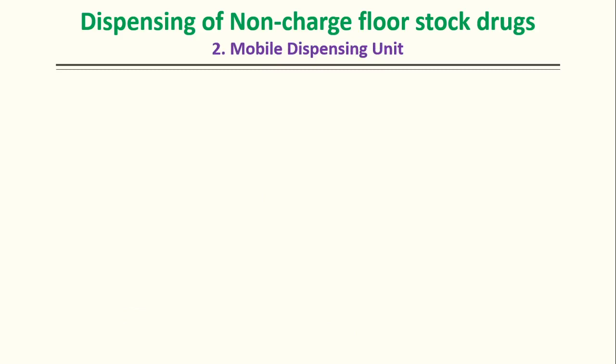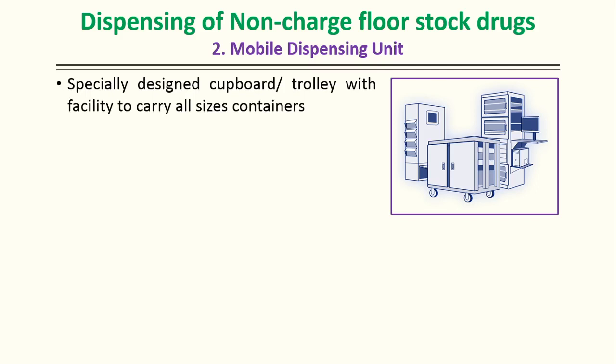Next, we will see the mobile dispensing unit used for dispensing non-charge flow stock drugs. It is a specially designed cupboard or trolley with a facility to carry containers of all sizes. That trolley or cupboard is used as a mobile dispensing unit where all the medicines are stored.